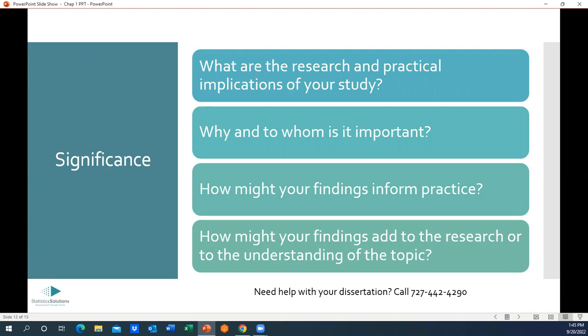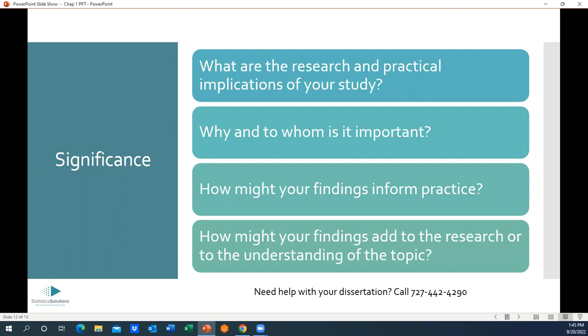Some schools, and I think this is Walden specifically, have a third little prong. In other schools, I don't think you have to worry about this. They want you to talk a little bit about positive social change, like how information from your study might lead to positive social change.